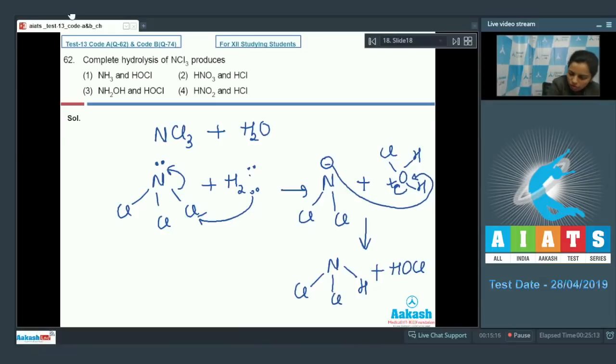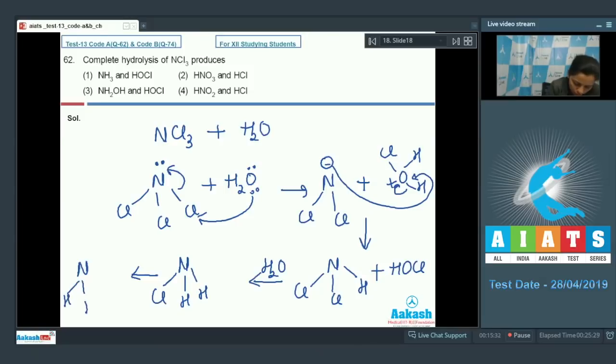Now further H2O will attack in the similar way, and now it will form NCl and H at these two sides, and this further results in formation of NH3, and in each of these steps there would be the formation of HOCl, here also and here also. It means ultimately it gets changed into NH3 and HOCl, and that's given here in option 1. That's why your answer becomes option 1.